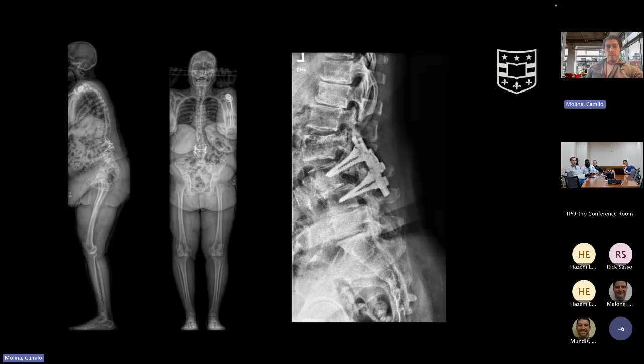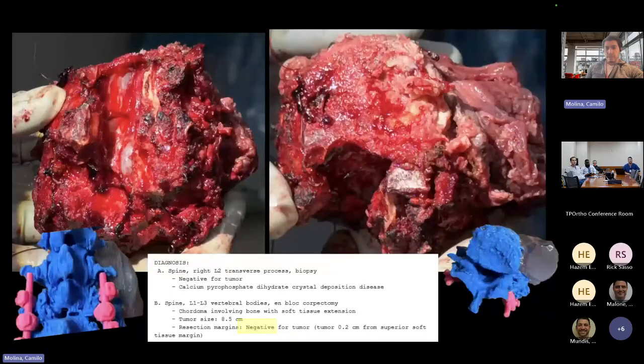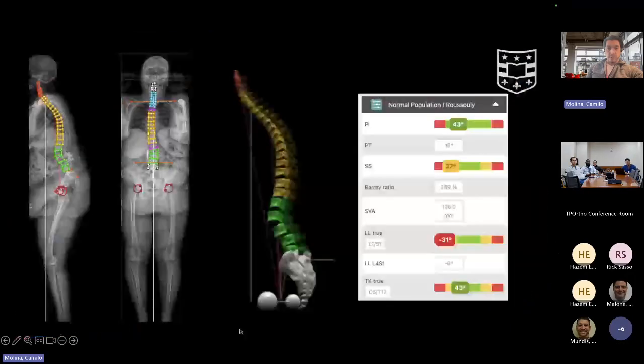So if I really, truly in my heart believed that I was going to improve the survival of this person by doing an en-bloc tumor resection, I couldn't leave her with this disabling sagittal plane deformity. So, of course, as described above, we did the en-bloc tumor resection. Here's the pathology report, achieved negative margins.